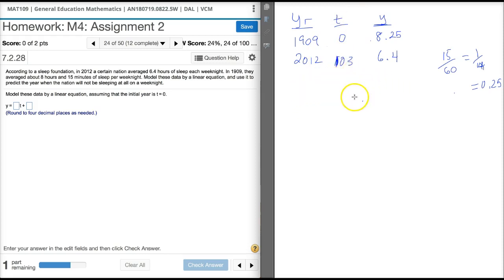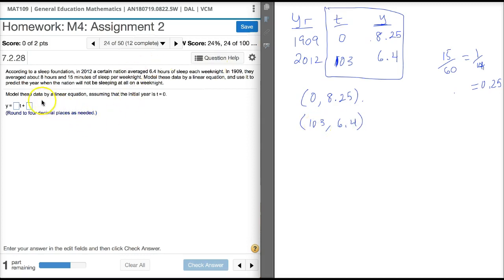They tell us to model the data by a linear equation. This can be looked at as 2 points on a line, where the first point is (0, 8.25) and the second point is (103, 6.4).